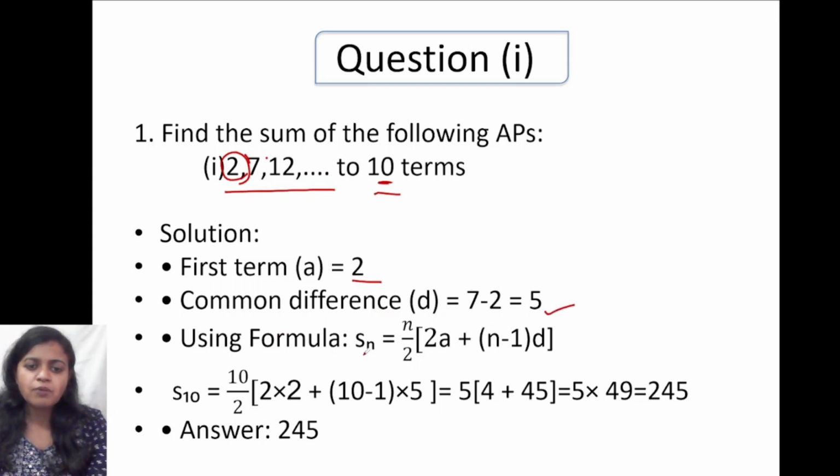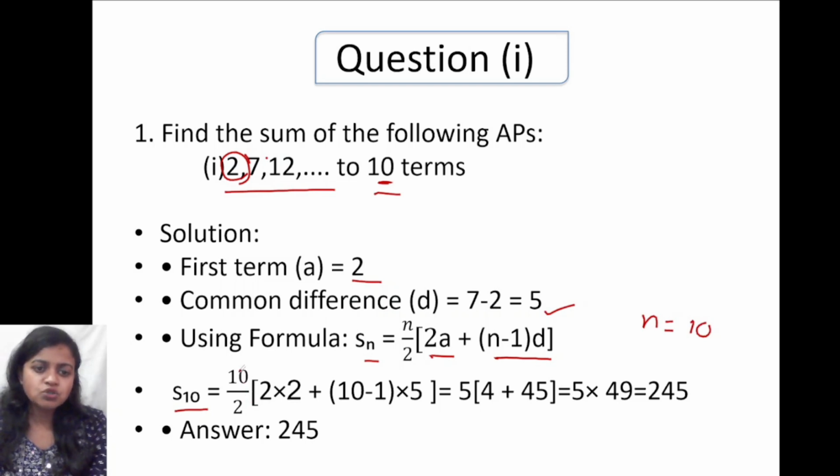Next, we will use the Sn formula, n by 2 into 2a plus n minus 1 into d. Here we find the sum of 10 terms, so n equals 10, and we find S10.